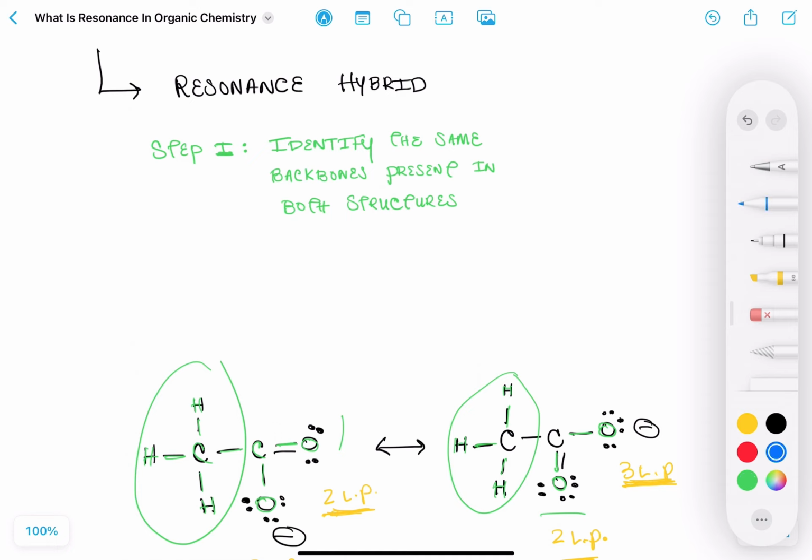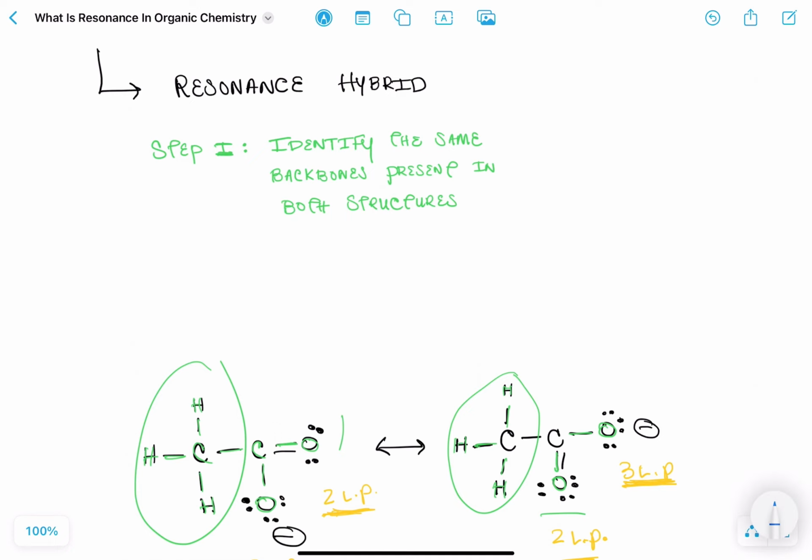Step 2 in identifying the resonance hybrid is going to be to identify what's different in both structures.